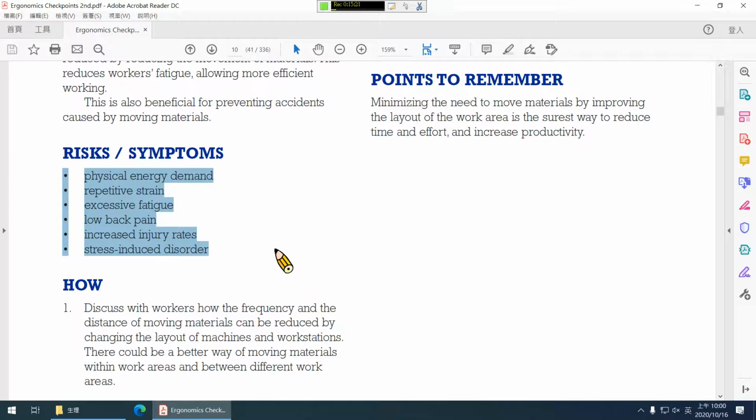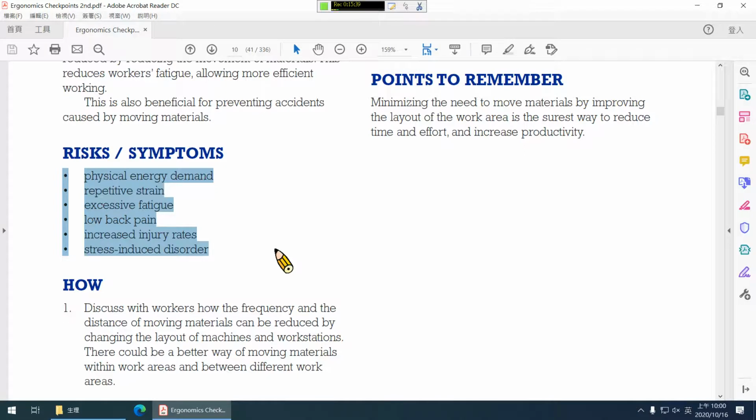Ergonomics is one of the, bad ergonomics is one of the hazard today in the workplace. It's just similar to all the other kind of hazards.